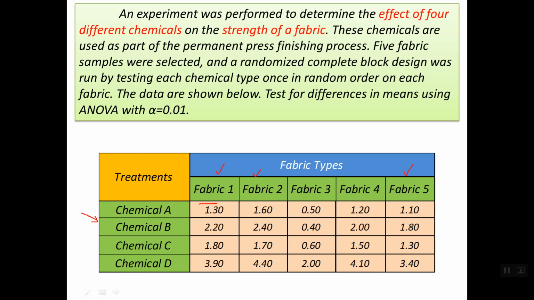So for example, for this unit or this subject, which belongs to fabric number 1, this is treated by chemical A, and the value of the strength after the treatment is 1.30.